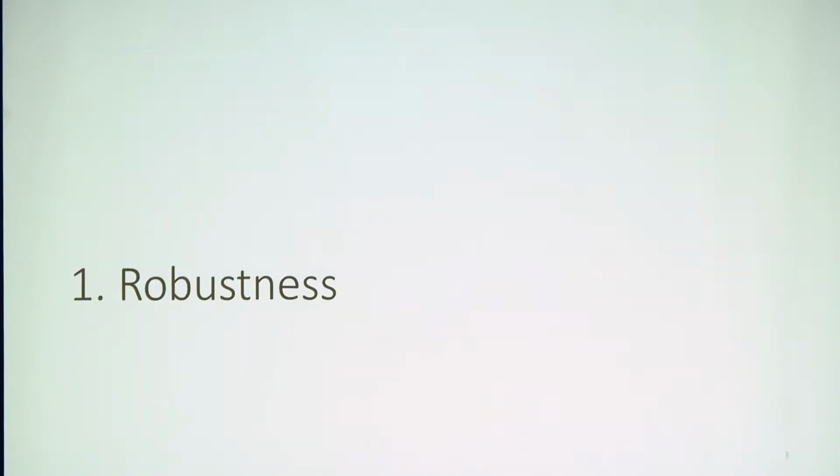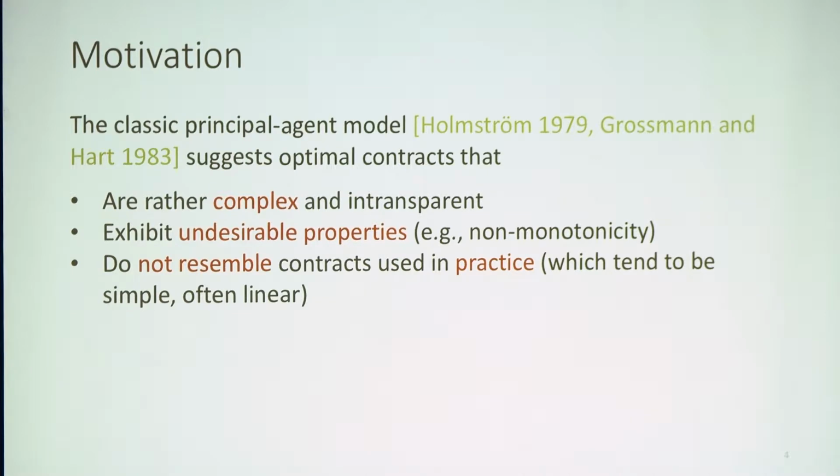Okay, so let me jump right into it. The first thing I want to talk about is robustness. And what you saw in the first half, and this is a well-known criticism of this whole model and approach, also well-known to economists, is that this classical principal agent model due to Holmström and Grossman and Hart is nice mathematically, you can write down the optimal contract, but one thing that's a bit unsatisfying is that the optimal contracts that come out of this tend to be complex and intransparent.